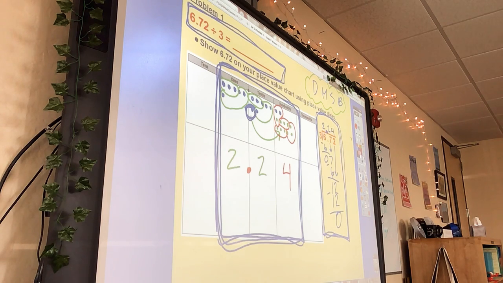Or what times three? There you go. Then 3 times 4 is 12. There you go. You're good.